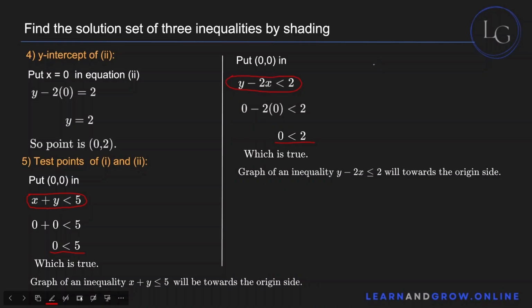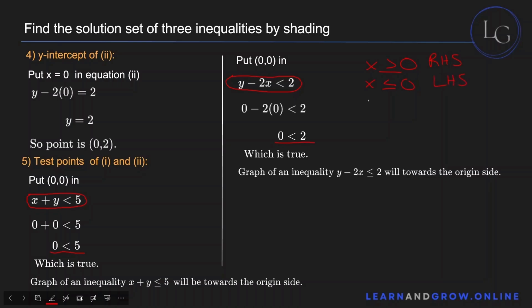Now the third one, which was x is greater than or equal to 0, that lies on the origin because that is the y-axis that simply cuts through the origin. So what do you do in that case? Well, when x is greater than or equal to 0, you just shade the right hand side. If it is x is less than or equal to 0, you shade the left hand side.